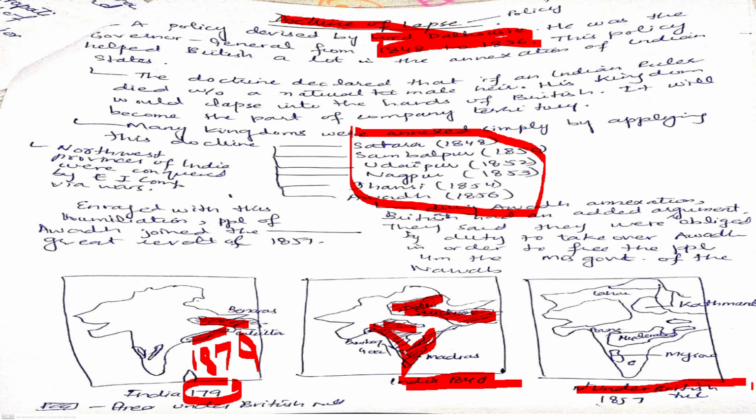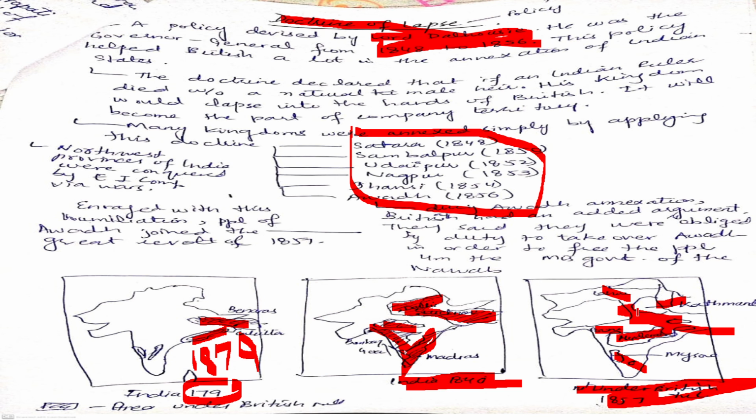And in 1857, the British had almost all the subcontinent. They had also captured Mysore, Hyderabad, Pune, Lahore, Kathmandu, and these areas.